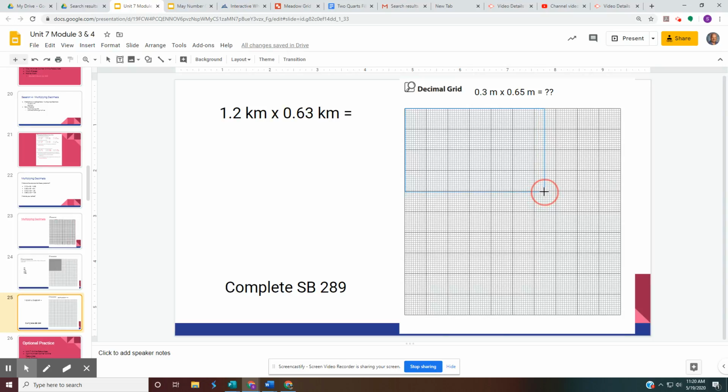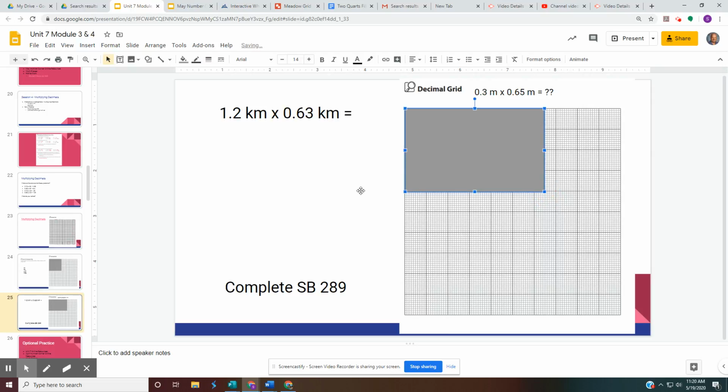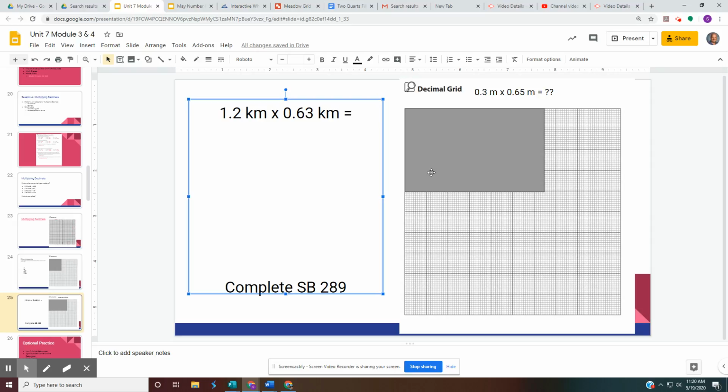So we want to figure out what the area is that is filled in, right? So if I wanted to count by squares, right? 3, 6, 9, 12, 15, 18, and then 18 and a half is 19 and a half is 20, right?